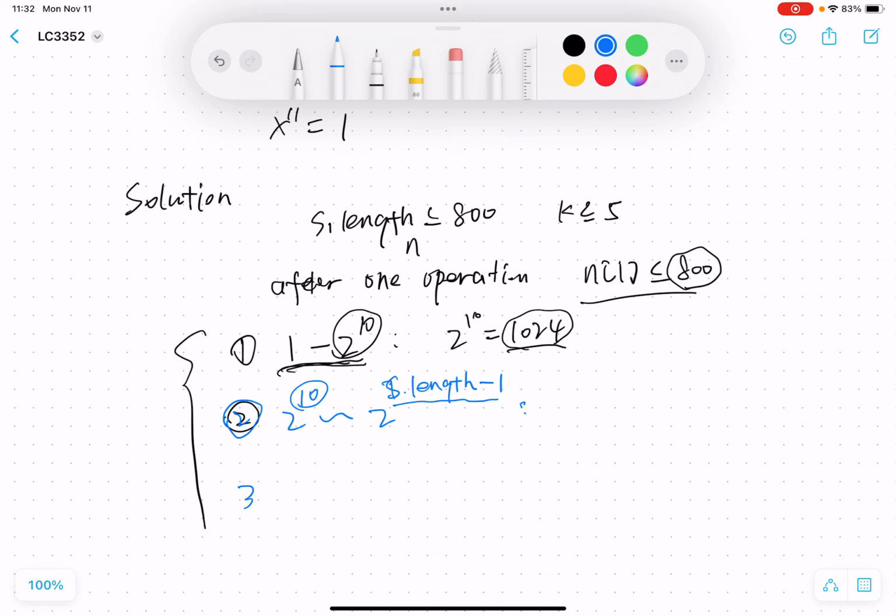For the third part, we can calculate the amount of numbers whose binary representation length is s.length. We sum the amounts of the three parts. That will be the answer.